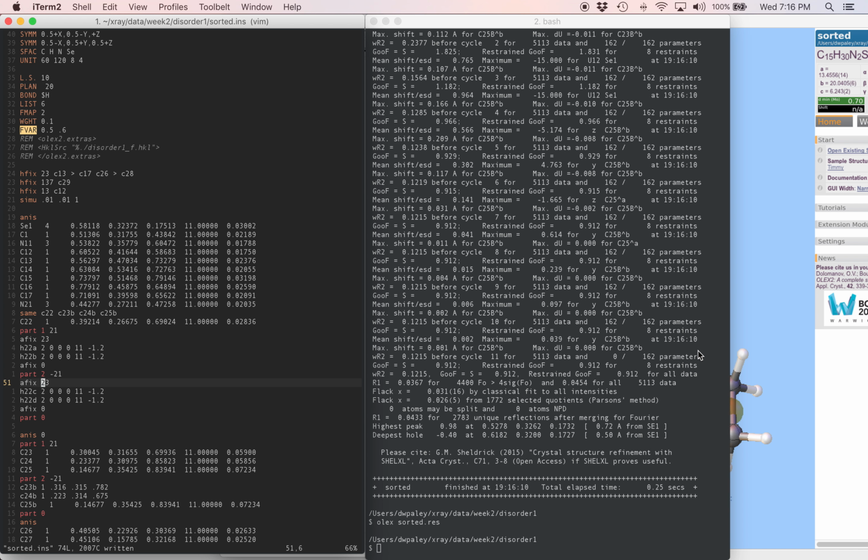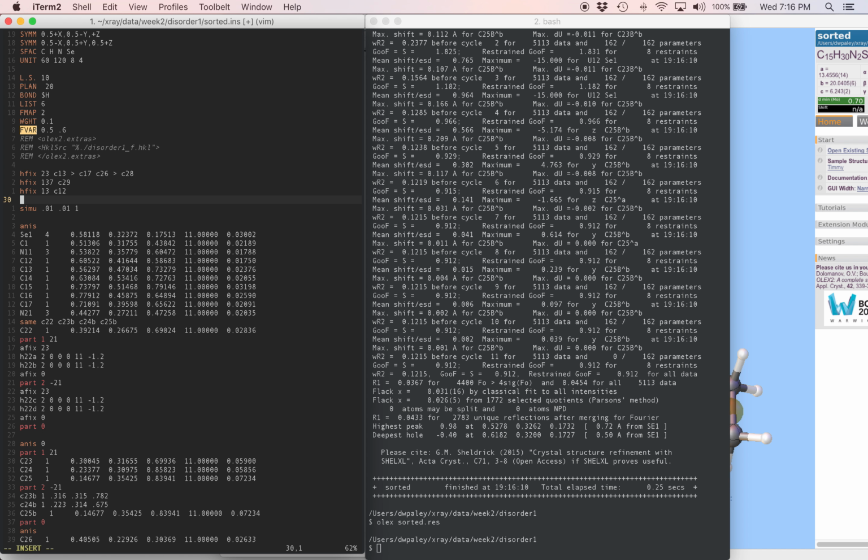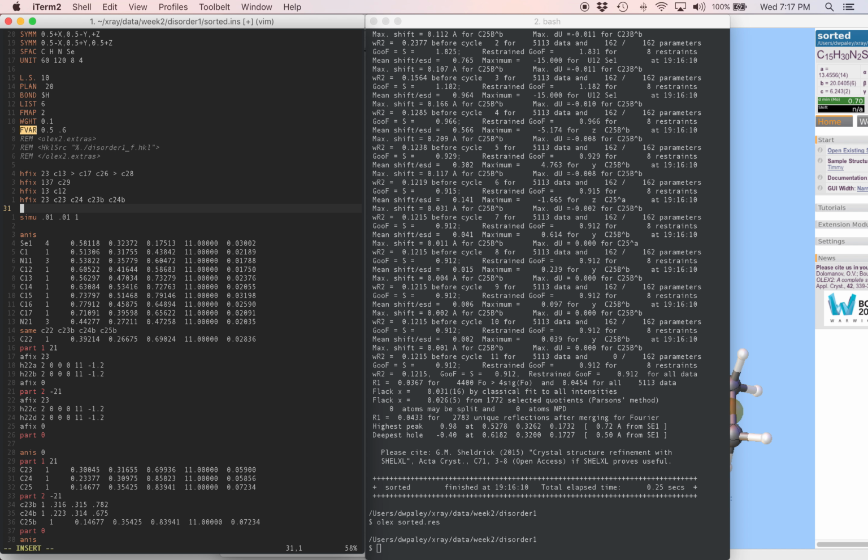Let's come back here and HFIX the rest of the disordered hydrogen atoms. I'm just going to write new HFIX instructions. HFIX 23, this is going to be C23, C24, and C23B, C24B. For the two methyl groups, it's HFIX 137, and those are C25 and C25B.